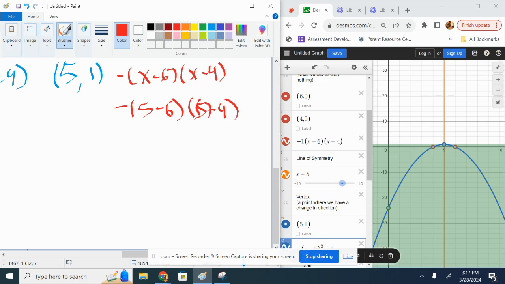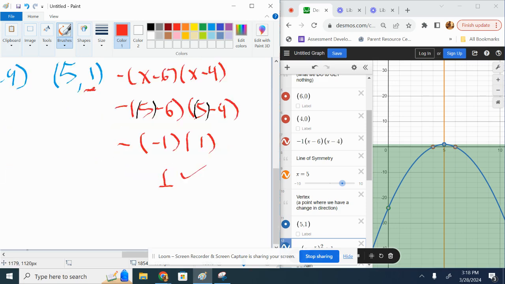Something I'm going to say is that it's nice to put your inputs in parentheses, so that way we keep track of which one the input is. When we do that, we end up with negative 1 times positive 1, and we have 2 negatives there, so we're going to end up with a positive 1, which is what we expected to get right here.